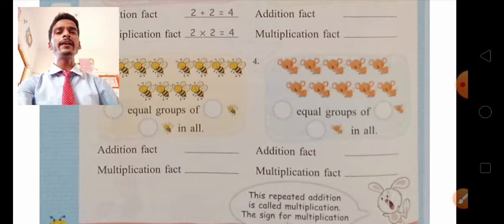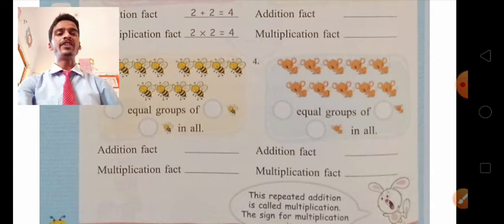So we can say that 2 equal groups of 5 rats, because there are 5 rats in each group, and there are 2 groups, so 10 rats will be in all.